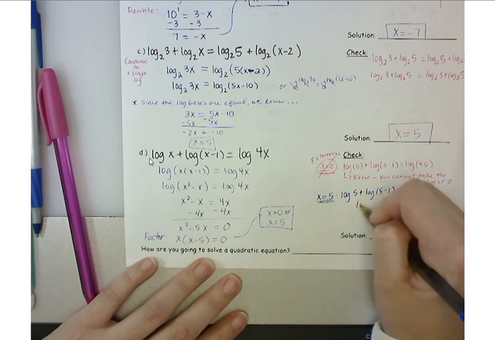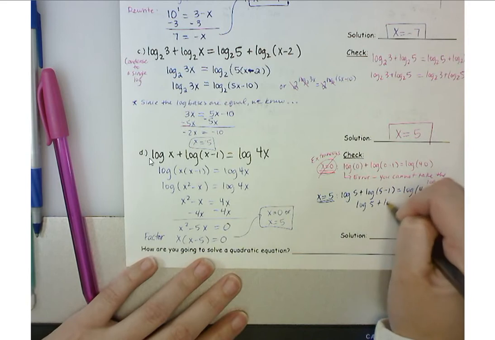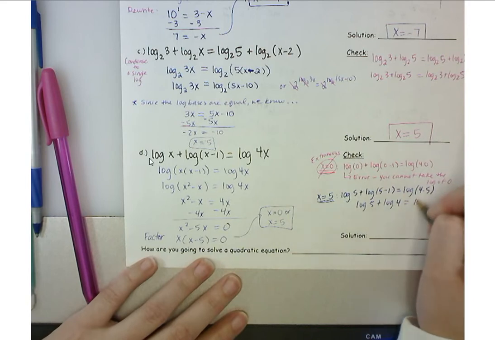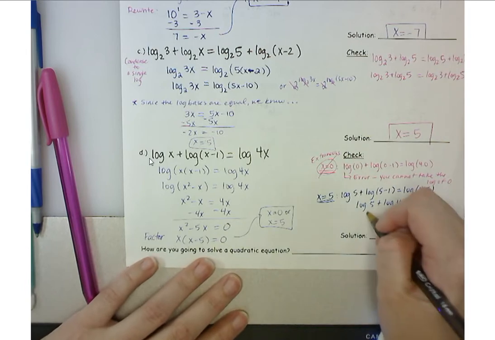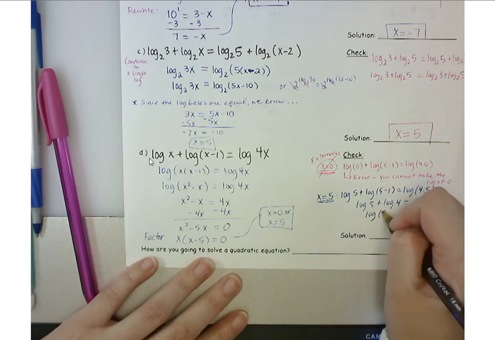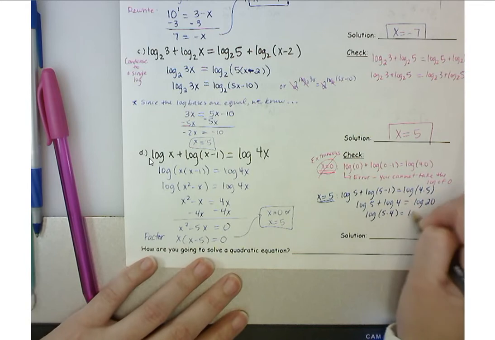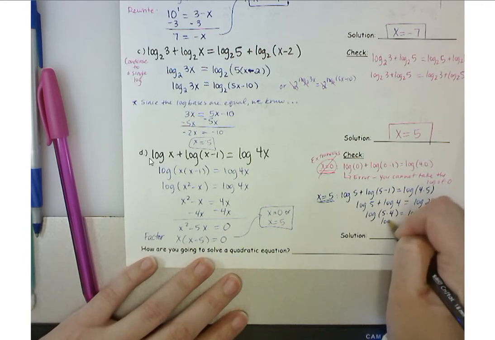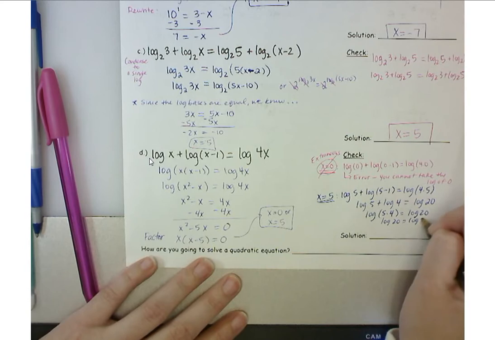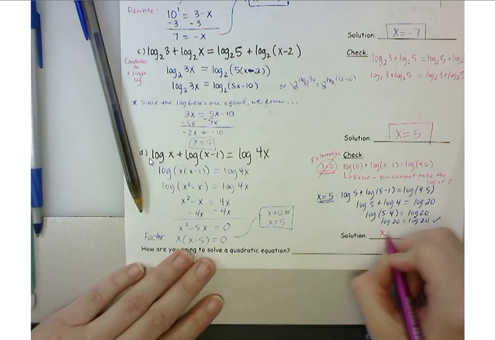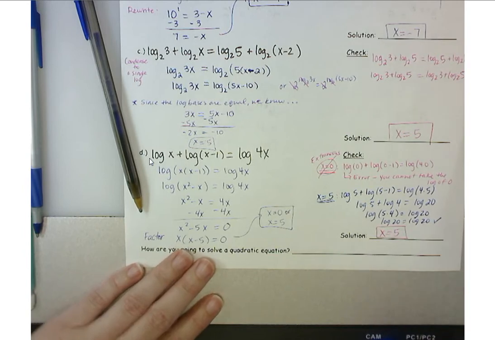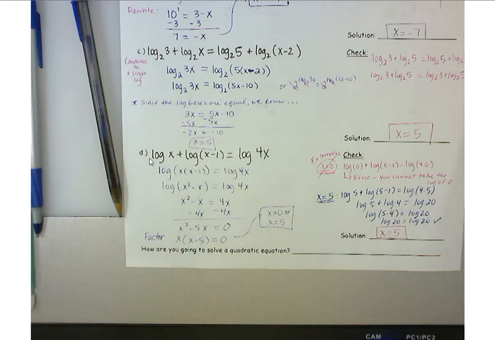So this is the log of 5 plus the log of 4 equals the log of 20. What can I use here to simplify? The product, right? Isn't this 5 times 4 using your product rule? So does the log of 20 equal the log of 20? Sure. Why not? Okay, so then your x value is going to be 5.